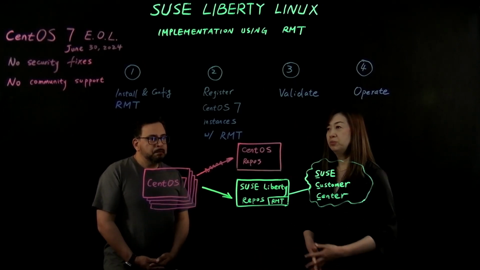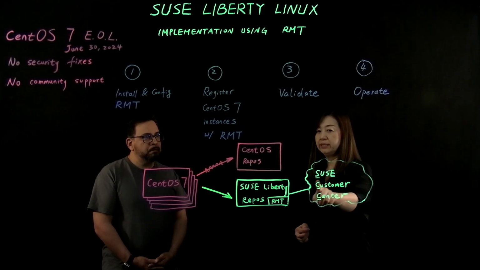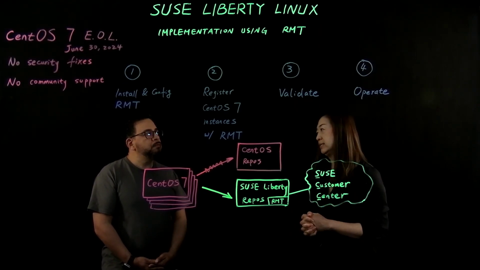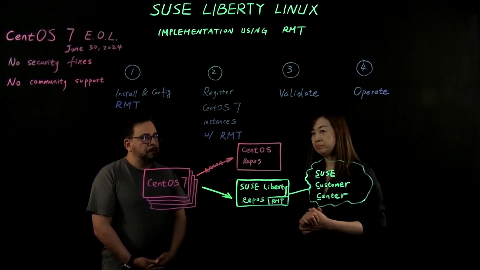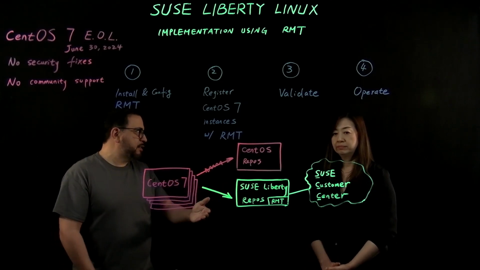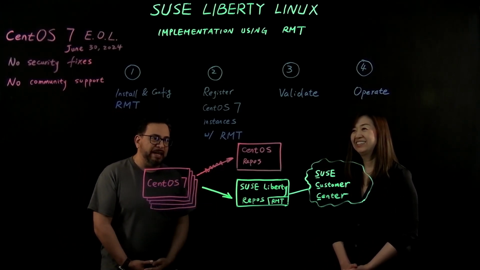The repos are hosted on the local RMT server, which is connected to the SUSE Customer Center, SCC, in order to receive patches and updates. Okay, and is it safe to say that the SUSE Customer Center is on the internet? That's correct. Yeah, it's a service on the internet.